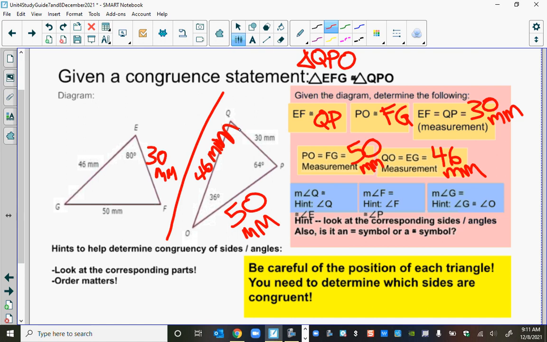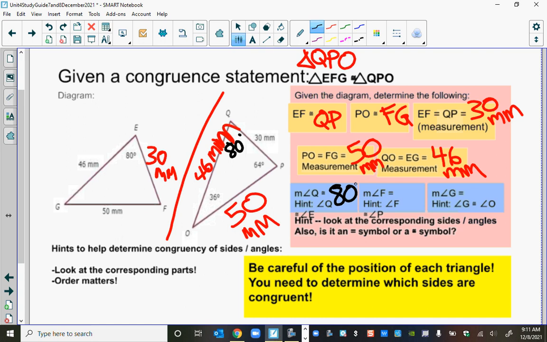E. Okay, Q's going to match up with E. You're right. How many degrees was angle E? 80. So then angle Q must be 80. Yes.